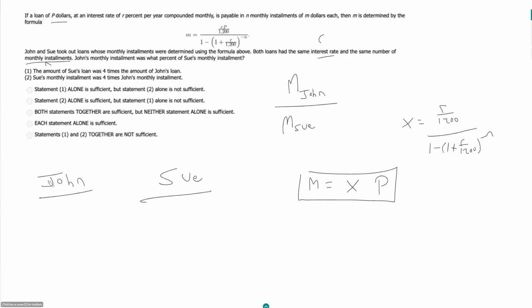So M John is equal to X times John's loan amount, P John, and then M for Sue is going to be equal to X, because everything here is the same, times Sue's loan amount, P for Sue.